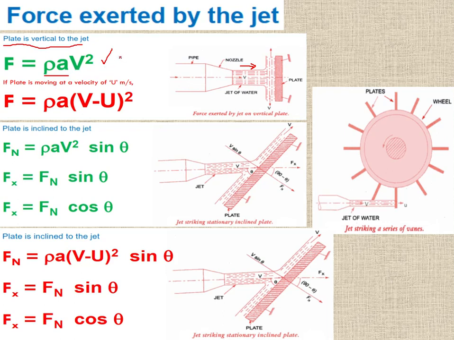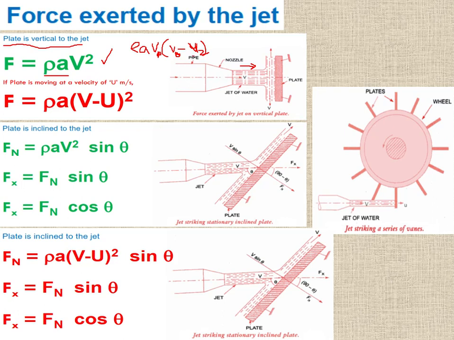The change in momentum: rho into A, which is the same, into the velocity of the jet, multiplied by v1 minus v2. This is v1, and this is v2.